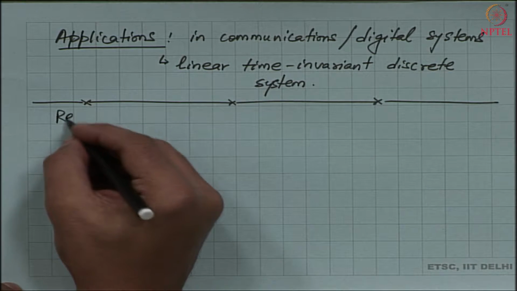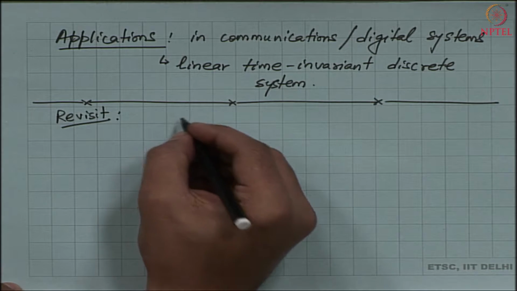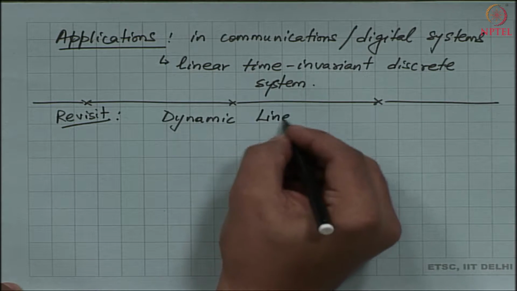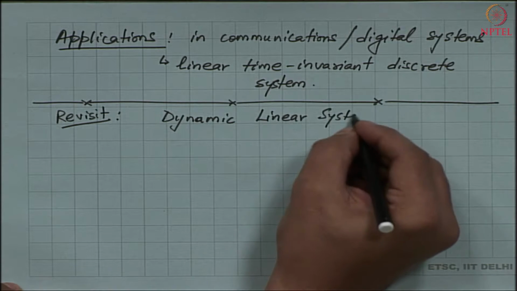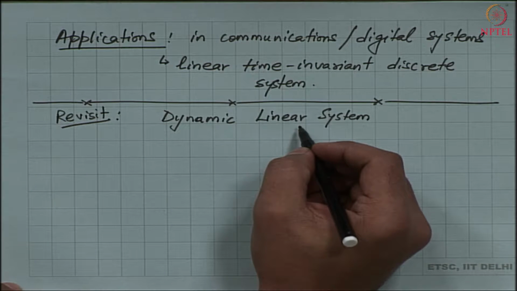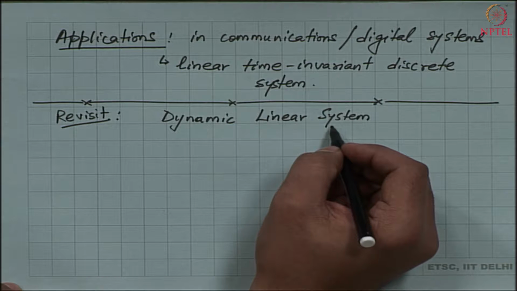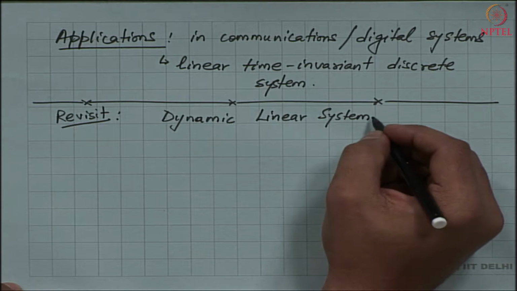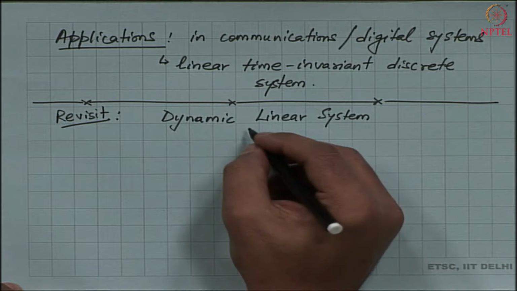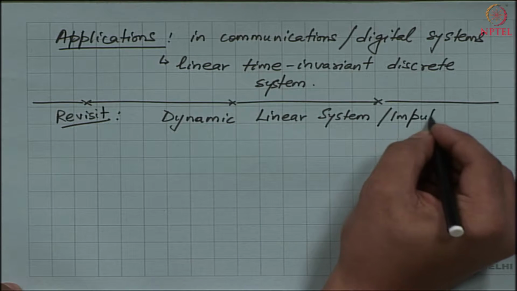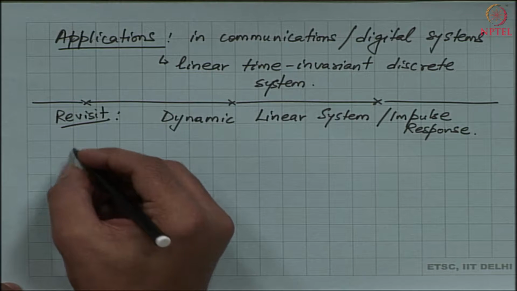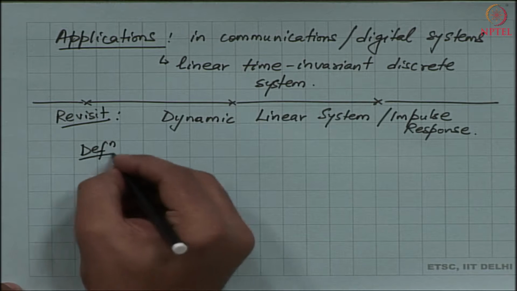I am going to revisit my discussion on dynamic linear systems and introduce some more terms in greater detail. For students who have seen my lectures on Fourier transform, specifically the example where I discussed Shannon sampling theorem, you must have encountered some of the terms that I am going to go into in slightly more detail now, like dynamic linear system, impulse response function, and so on.